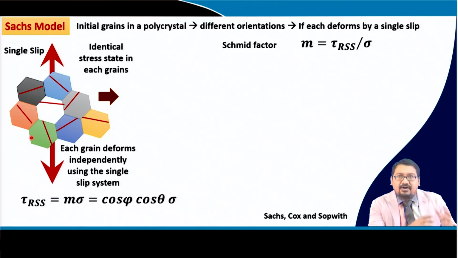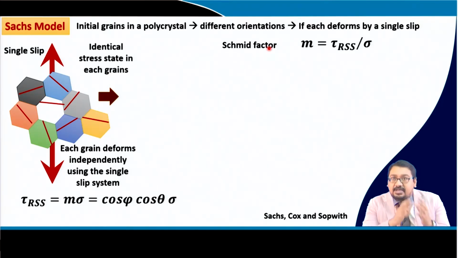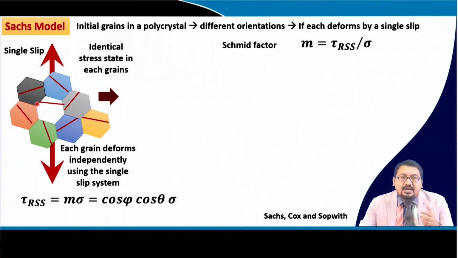Each deforms independently by a single slip, following the rule of the Schmid factor, which relates tau RSS and sigma by this equation. So, m is equal to tau RSS by sigma. So, tau RSS is equal to the Schmid factor times sigma, which is the loading stress along the tensile direction.